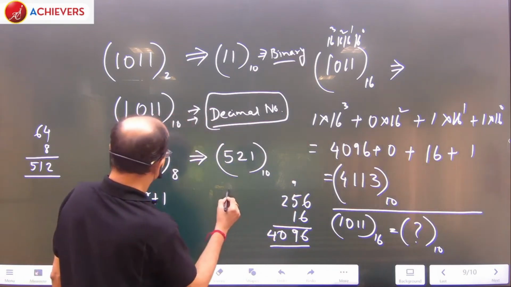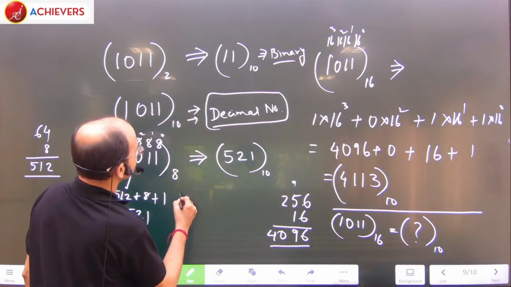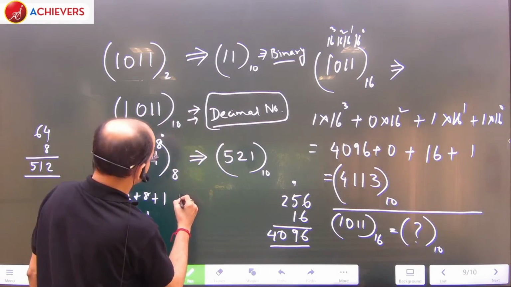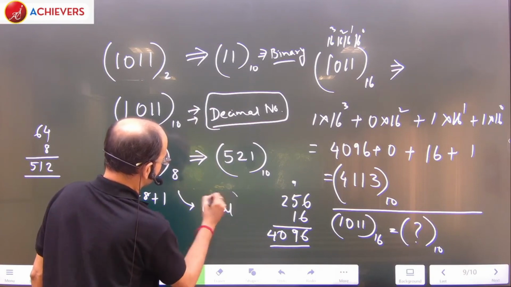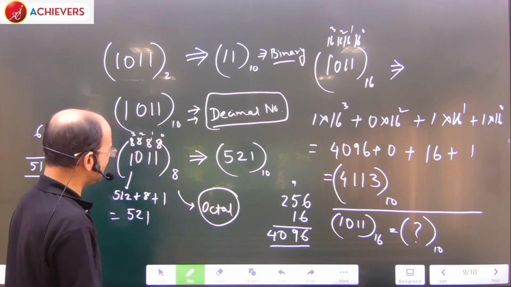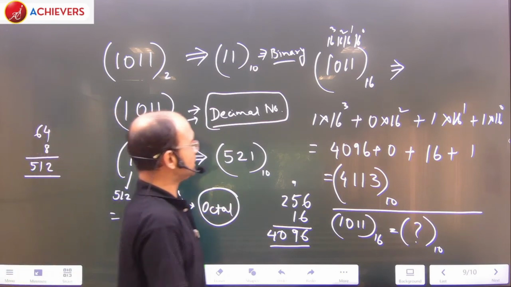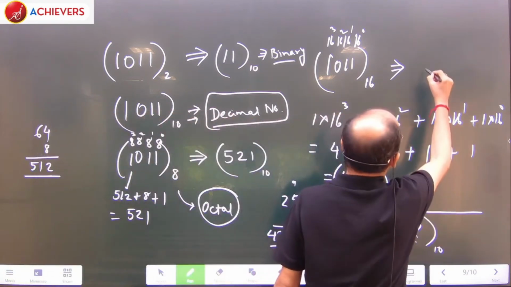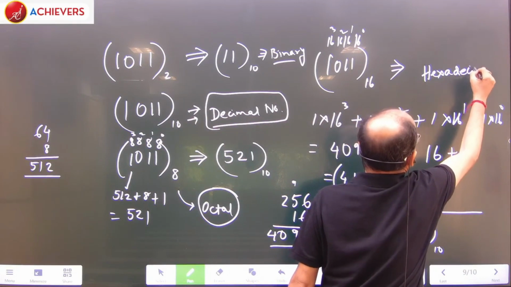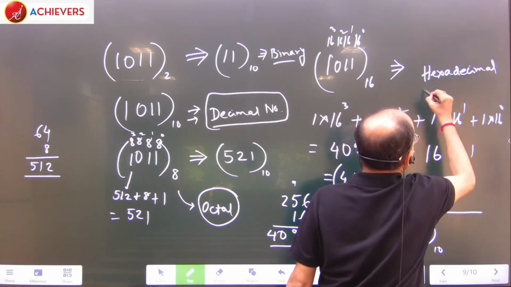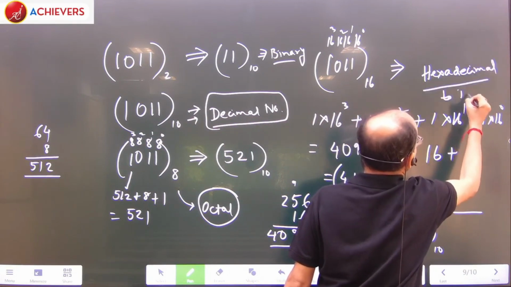This one is the octal number, octal to decimal, and this one is the hexadecimal number, hexadecimal to decimal.